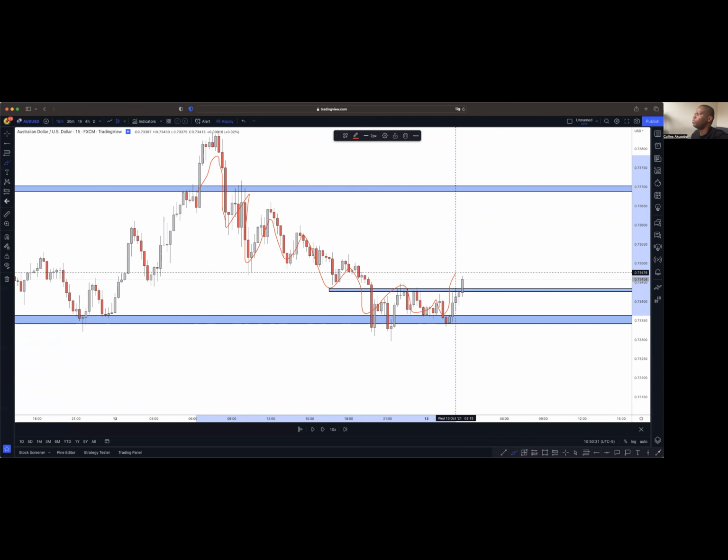Now structure is being broken. If you can get a rejection, you can look for a buy back up, target these levels as our take profits. So we now have to just be patient to look for that entry confirmation.